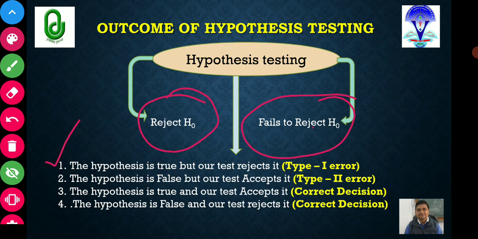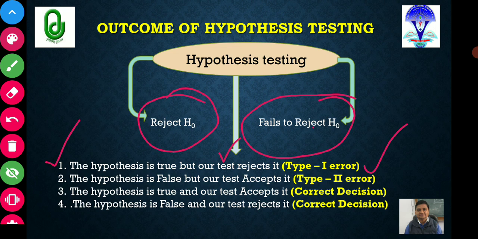The first one, the hypothesis is true, but our test rejects it. So, whatever test criteria that we have applied is rejecting the null hypothesis, which is true. So, when a true hypothesis is getting rejected, that means you have committed a kind of error. That error is known as type 1 error.